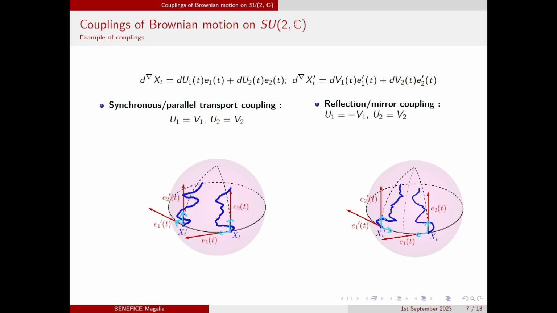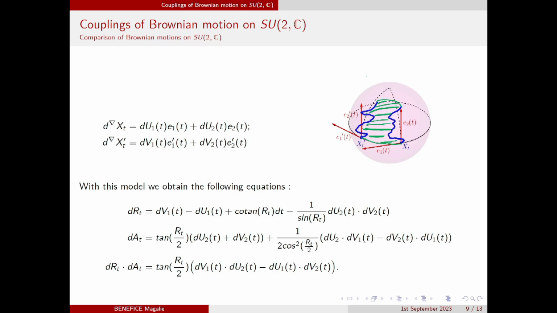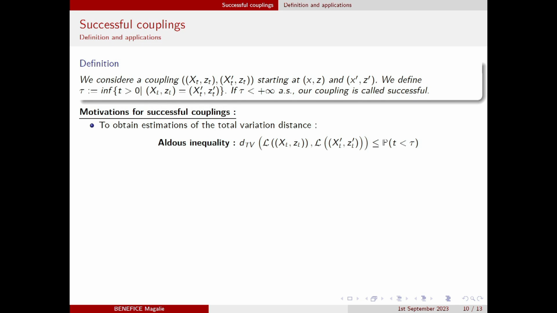The idea is that in an almost surely finite time, the Brownian motions will meet. And we also know estimations of the distribution of this first coupling time, but I will pass.